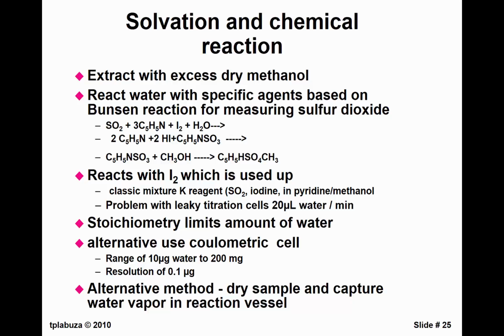So the typical Karl Fischer method uses sulfur dioxide reacting with pyridine and iodine, and that takes one water, and this produces these compounds slowly here. And what you did was you did this reaction, ground up sample in this solution. The solvent that you used was pyridine.